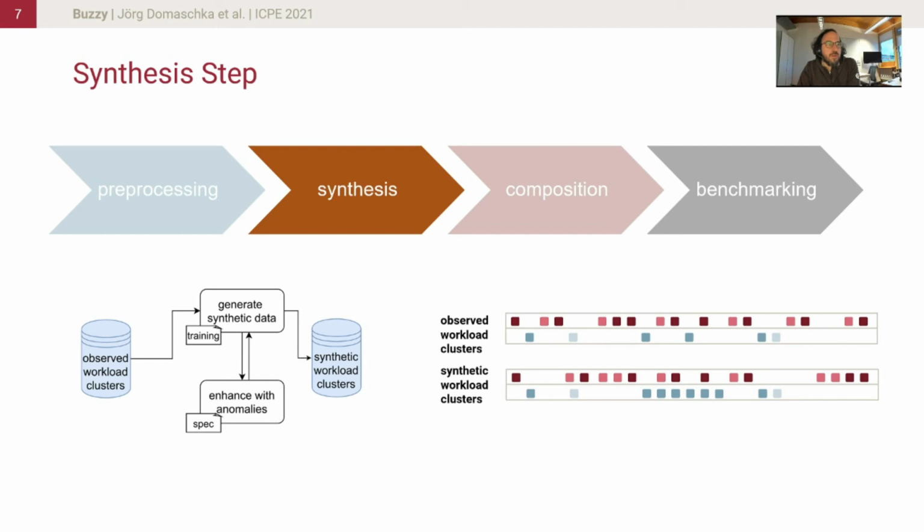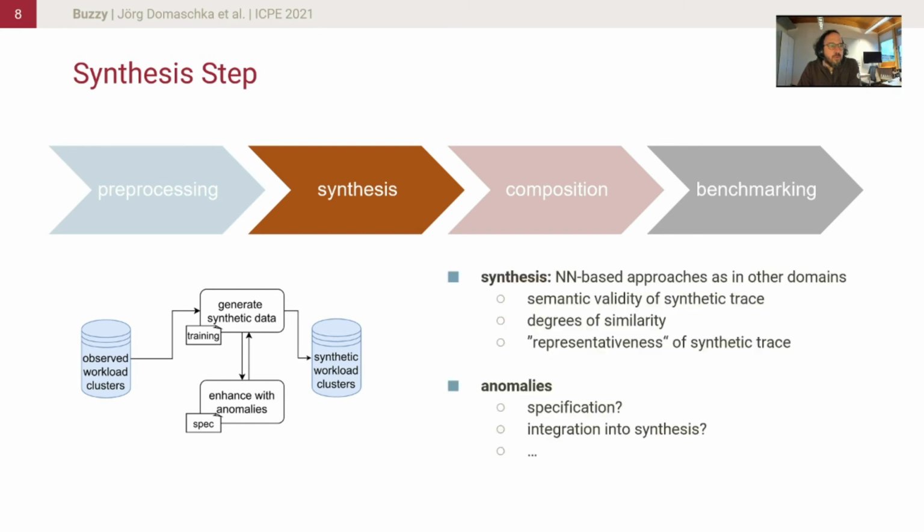Again, in the example, you can see that the synthetic workload clusters that are the result of this step have a similar pattern to the original data, but they're not the same. And in the blue line, you can also see that there is an anomaly included.